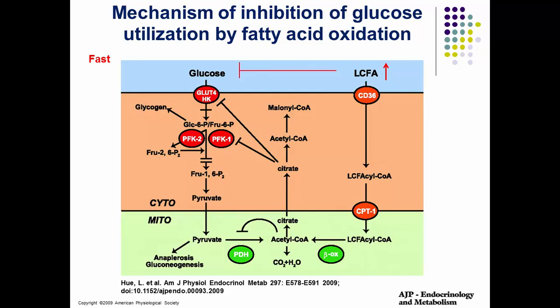So if the acetyl-CoA level is increased, it will inhibit pyruvate dehydrogenase activity. Again, pyruvate dehydrogenase is a key enzyme for glucose oxidation. This is a key step, right?